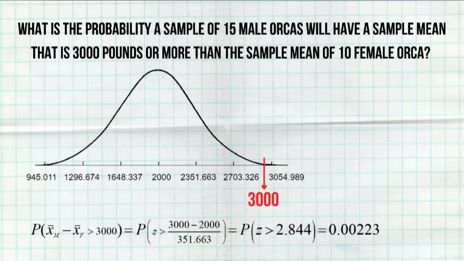That's the same thing as finding the probability that a z-score is greater than 2.844, and we get a probability of 0.00223, which is pretty unlikely. So it would be weird if we found a sample of males that was 3,000 pounds more than a sample of females.